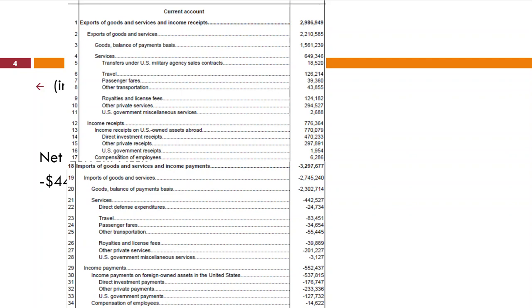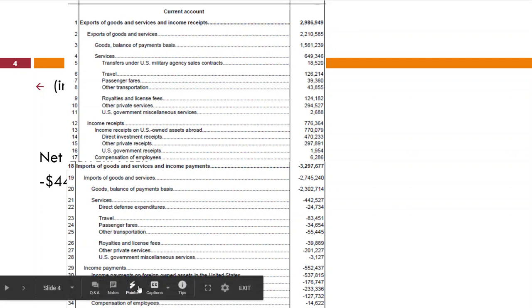When a U.S. employee is compensated from a foreign company, money comes in to the United States, and that is a positive here. Imports, we buy goods from foreign countries, and Americans then send money away, and those show up as negatives. Income payments that we send to employees in other countries show up here as negatives.